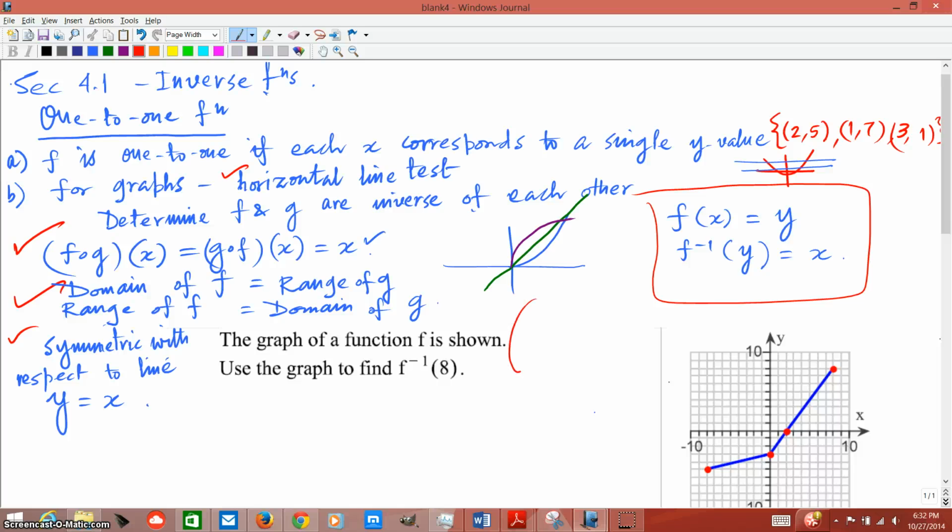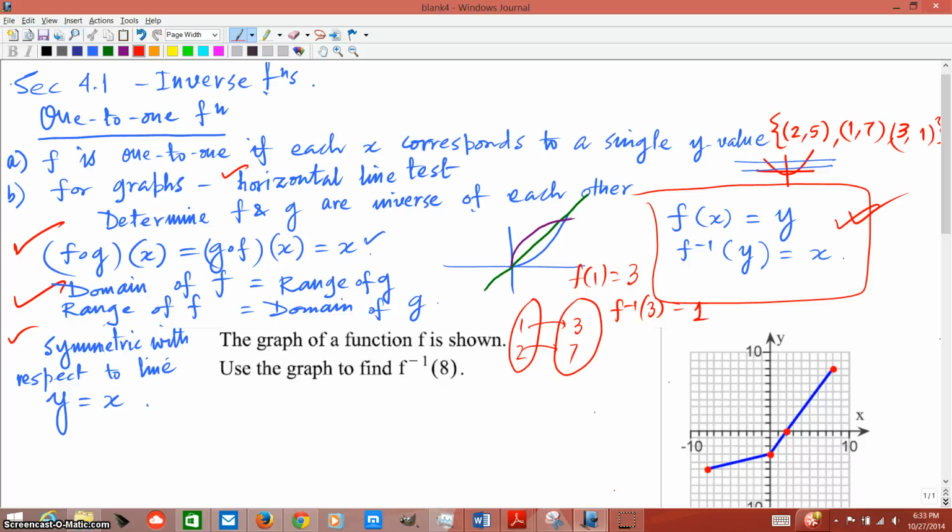Because if you know there are mappings like this, and maybe you have ordered pairs, let's say (2, 7) and things like that. So if I ask you f(1), you know how to answer that question uniquely, right? So if I ask you f inverse of 3, now you also have a correspondence, so you can tell me f inverse of 3 will be 1. That's why this concept is very important.